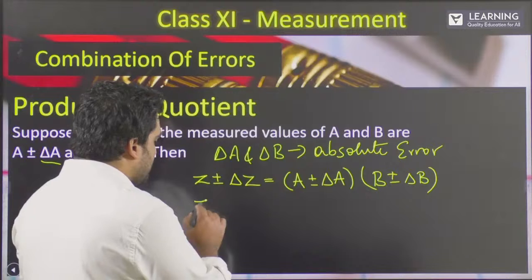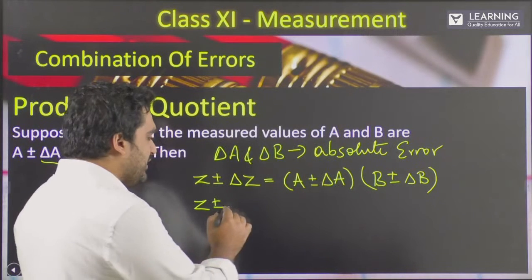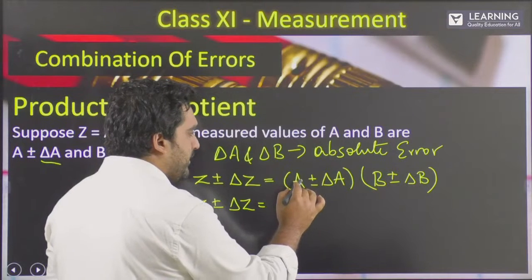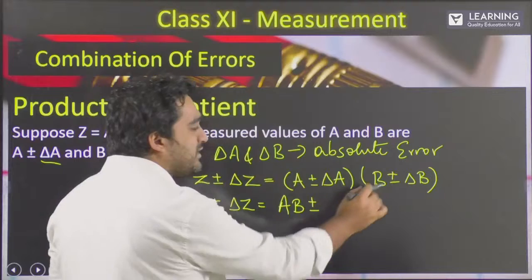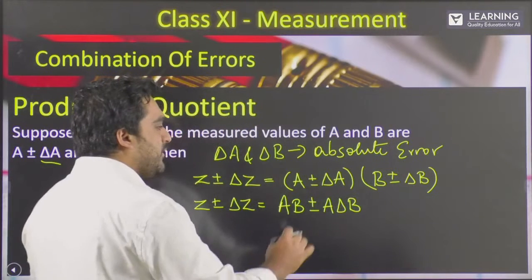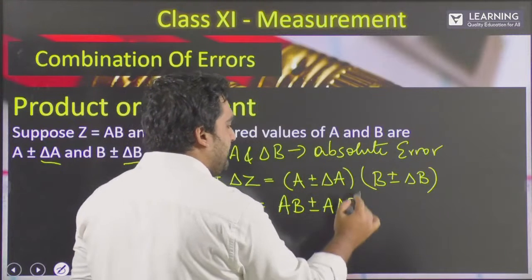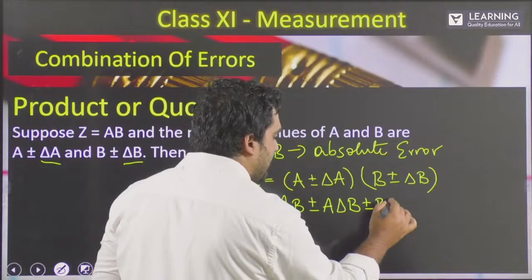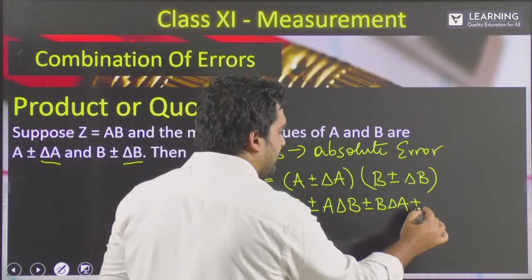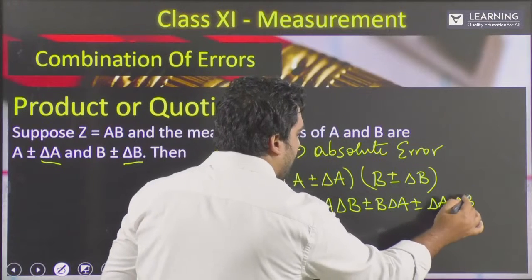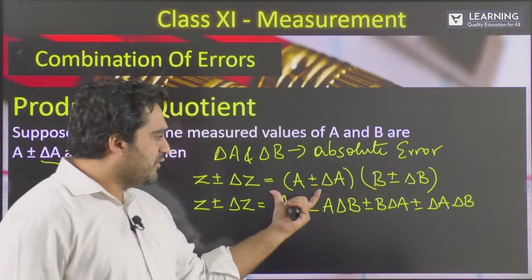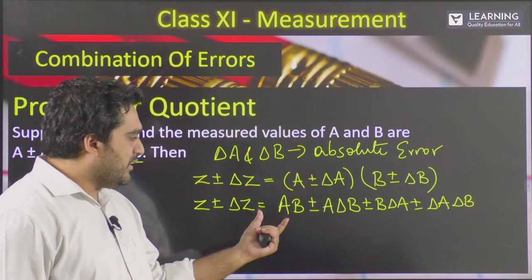So go ahead and solve this with me, where you write Z plus or minus delta Z, which is equal to AB, then A delta B, but the sign is plus or minus, so I put plus or minus A delta B. Next, plus or minus B delta A, and then you have plus or minus delta A delta B. So this is what you get after using the distributive property for these two given elements.